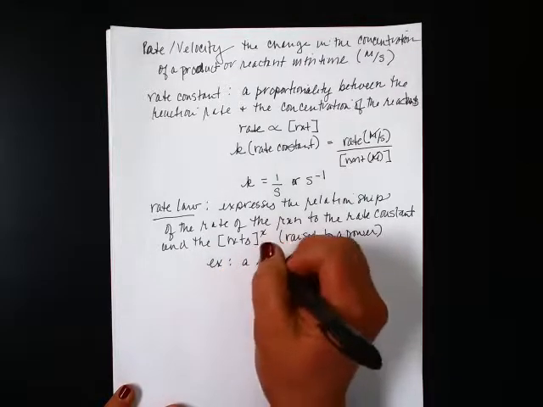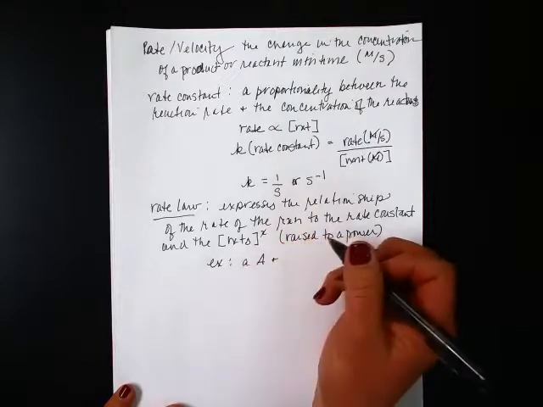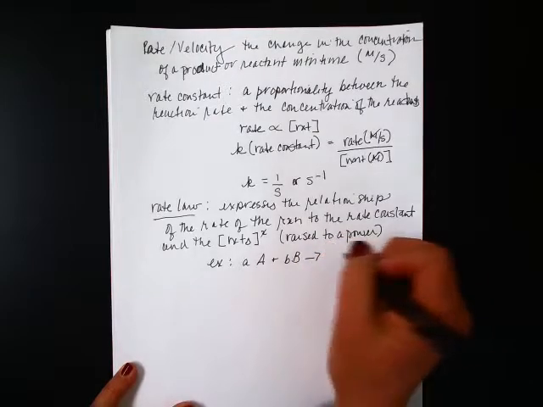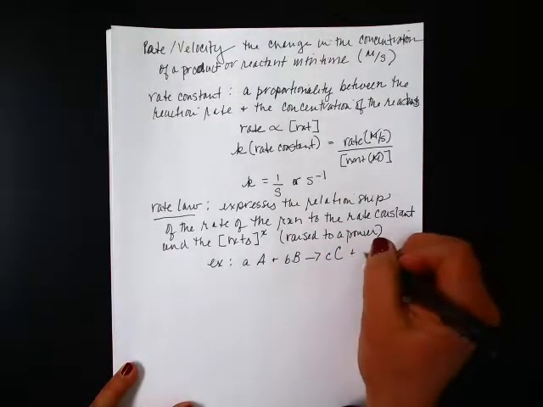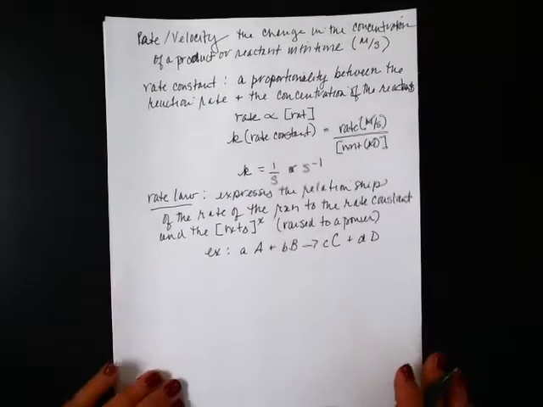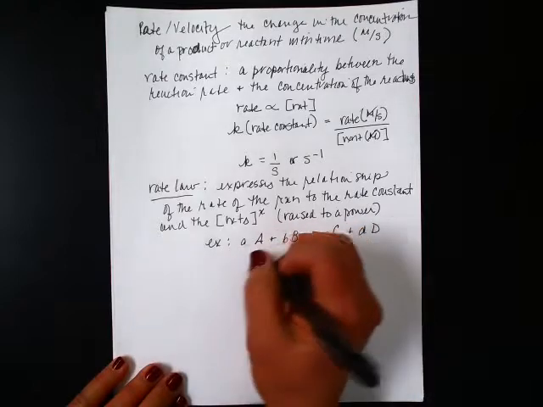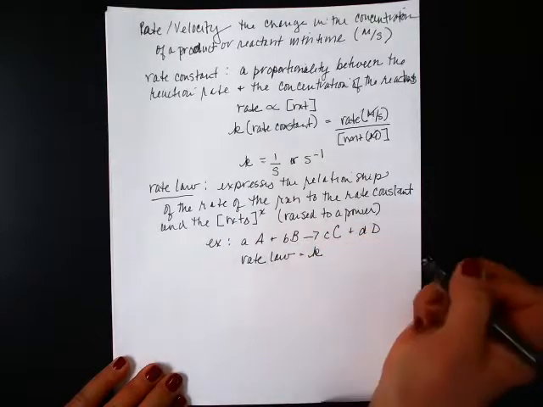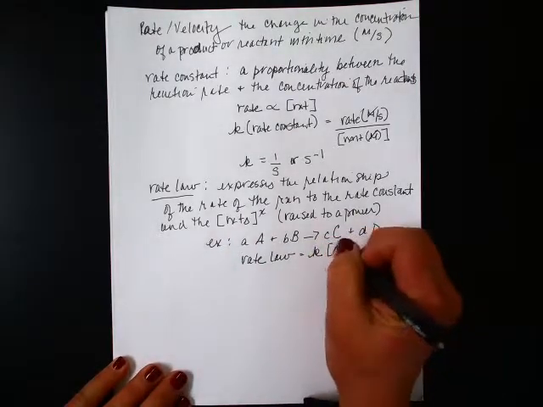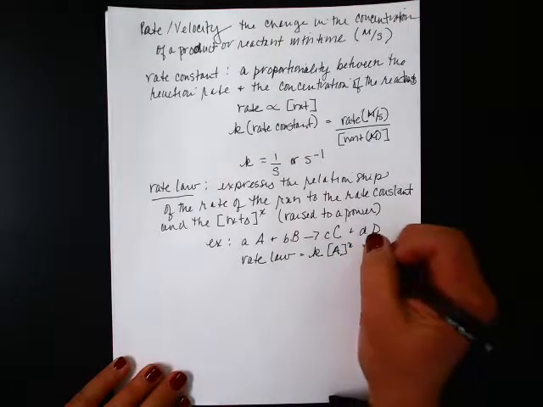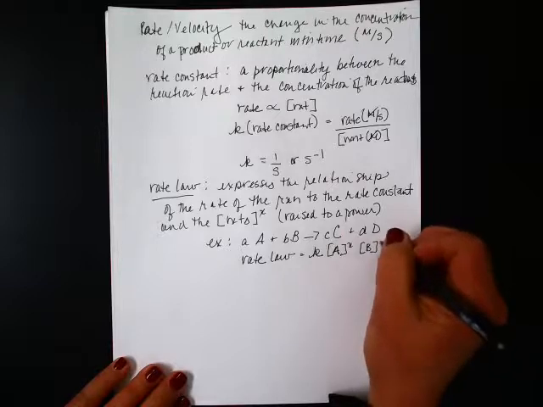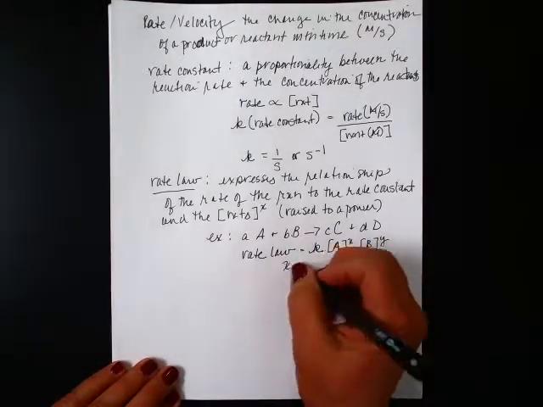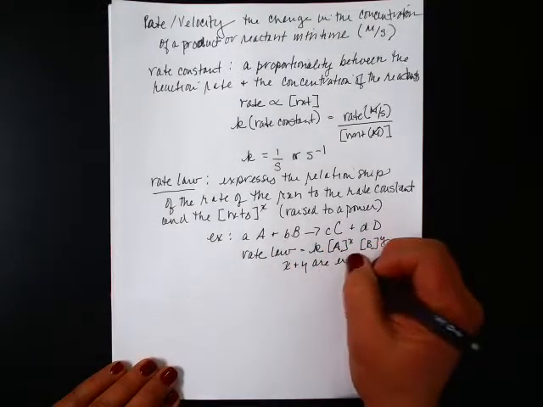So if I have a moles of reactant A reacting with b moles of reactant B to give me c moles of product C plus d moles of product D, my rate law is going to equal my rate constant times the concentration of A raised to some power x times the concentration of B raised to its power y, whatever that might be. x and y are experimentally determined.